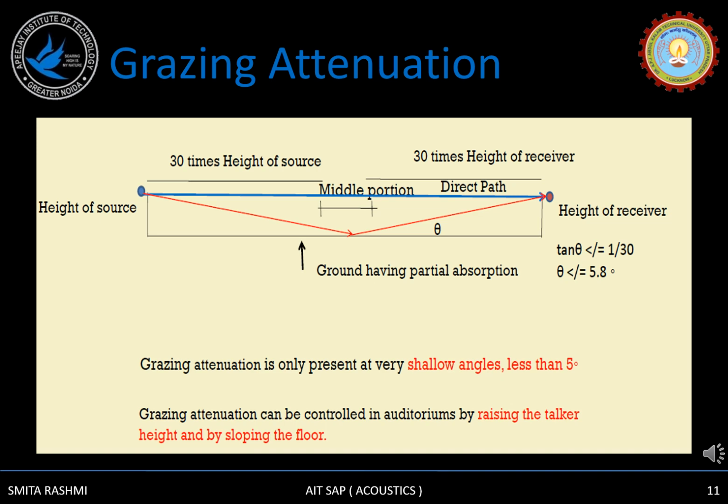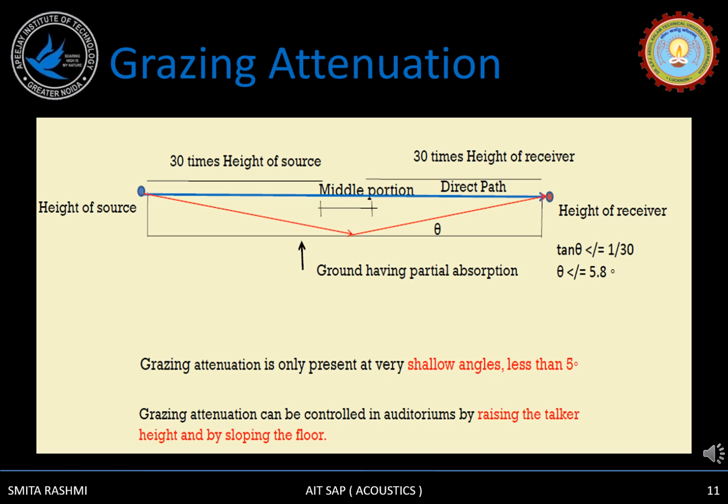As you can see, the blue line is the direct path and the red line shows the reflected path. And for this reflected path, theta is the angle, and in this figure we are getting theta less than or equal to 5.8 degrees.